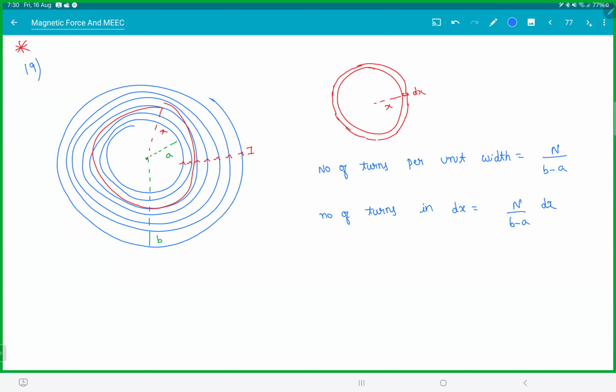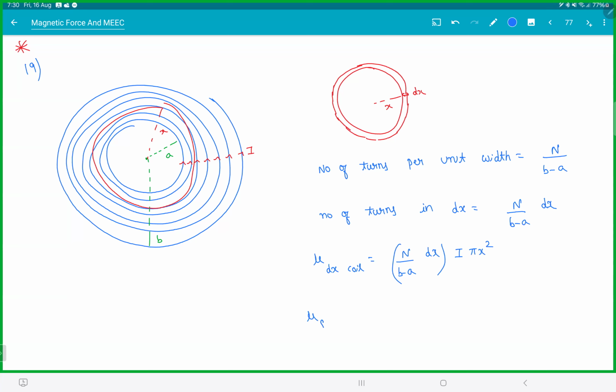So in that small dx, you have this many turns. The magnetic moment of that small dx coil will be the number of turns, n by b minus a into dx, times current I, times area pi x square.